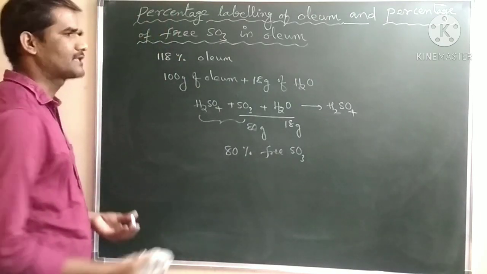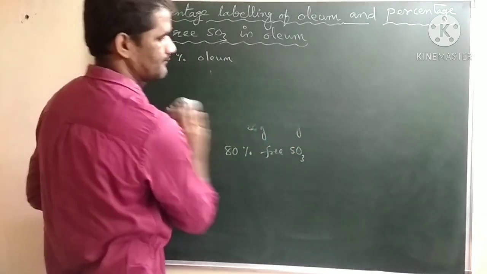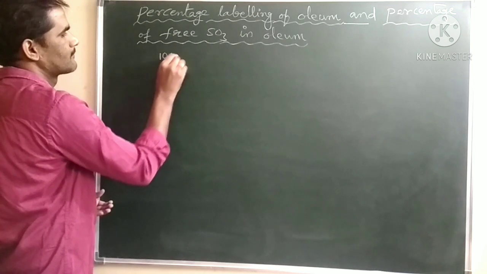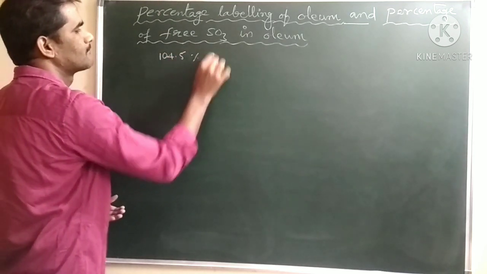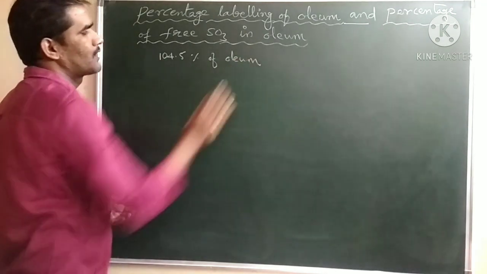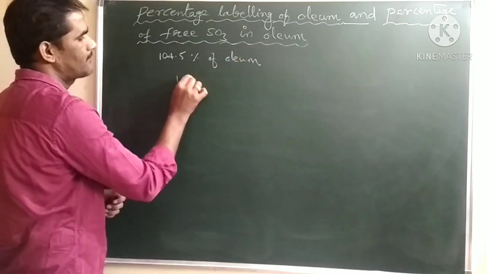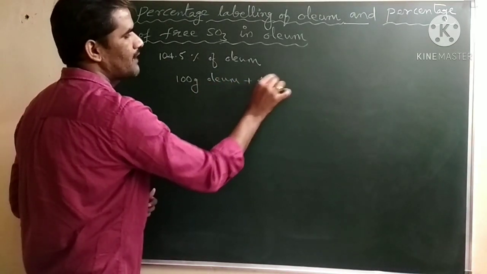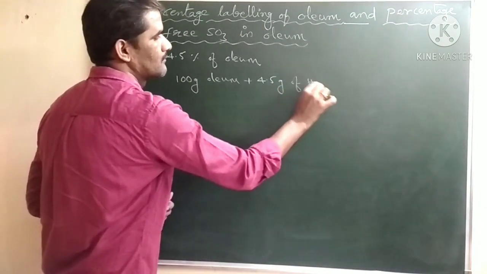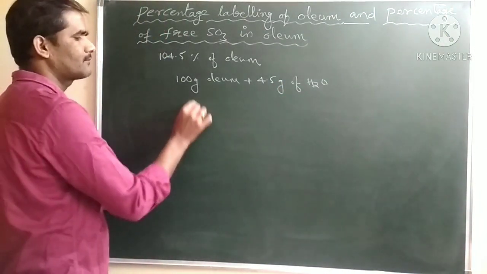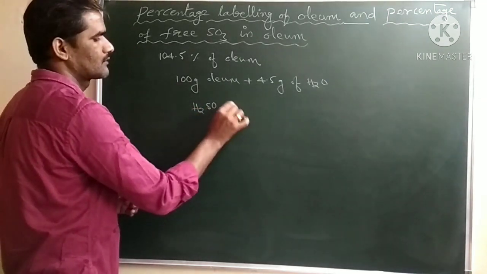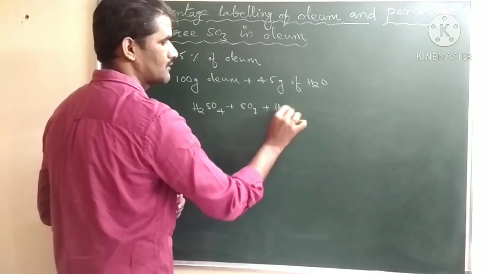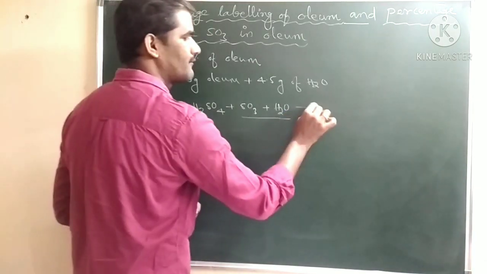How to calculate the free SO3 in that? Again, what does it mean? 100 grams of oleum consisting of 4.5 grams of water. Again, oleum is a combination of H2SO4 and SO3. Again, here SO3 will react with water and will produce sulfuric acid.